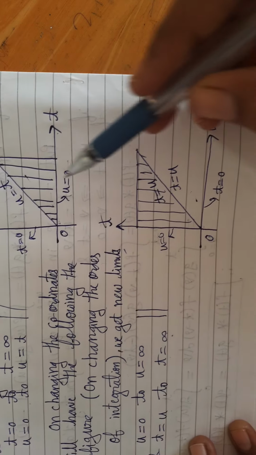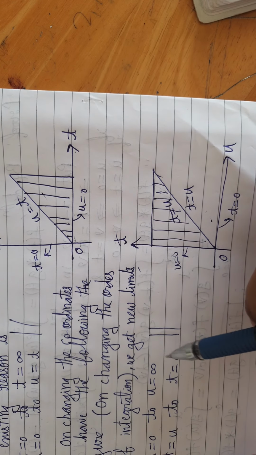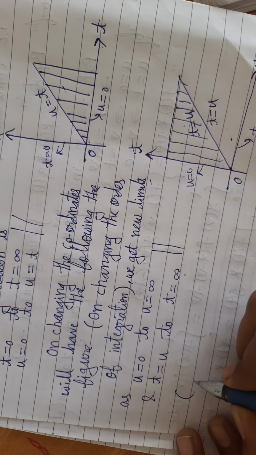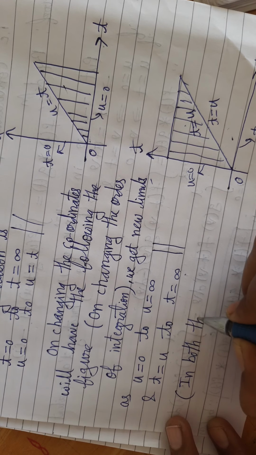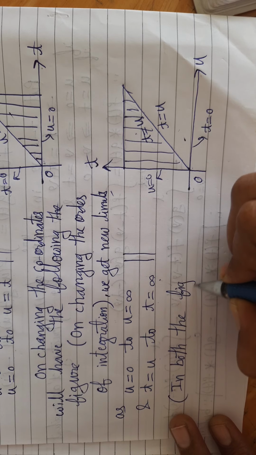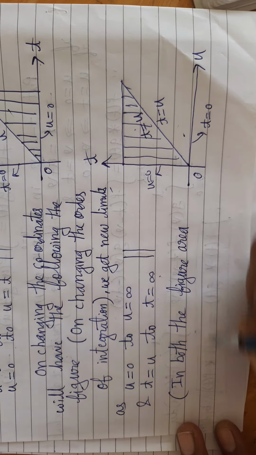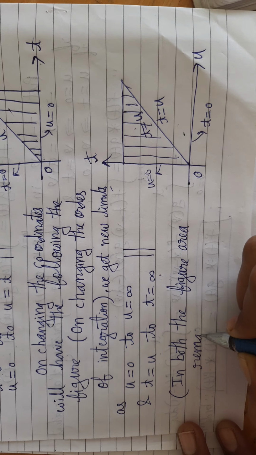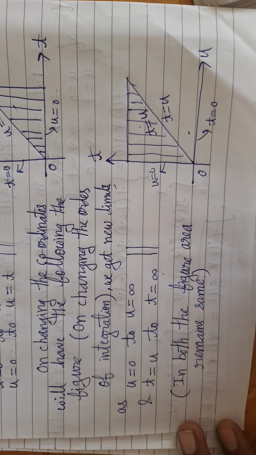But in both figures, you check, both have the same type of diagram. Only the limits are changing here, but the area remains the same. Mention here in the bracket: in both figures, area remains same.